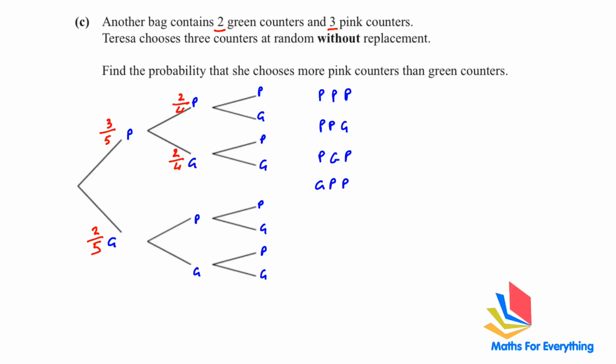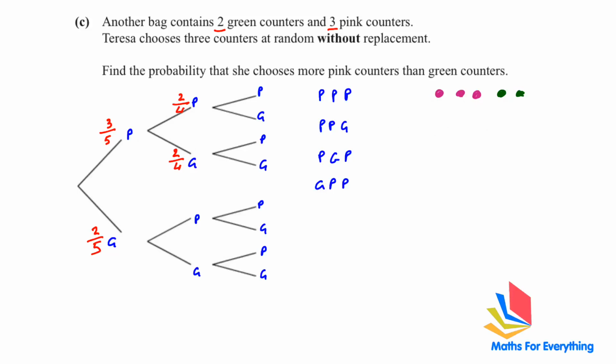Let me just draw on the side and explain to you. You have 3 pink counters, 1, 2, and 3. And you have 2 green counters. So your first probability of it being pink is 3 out of 5.